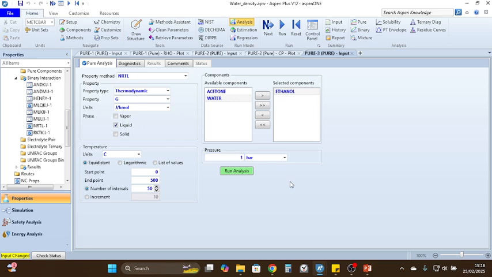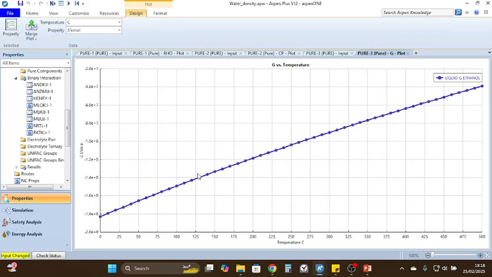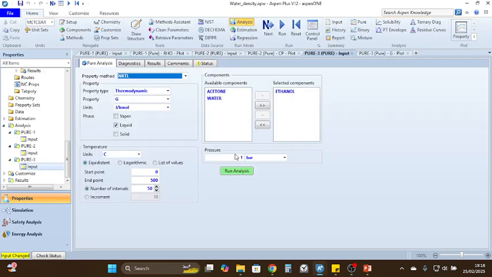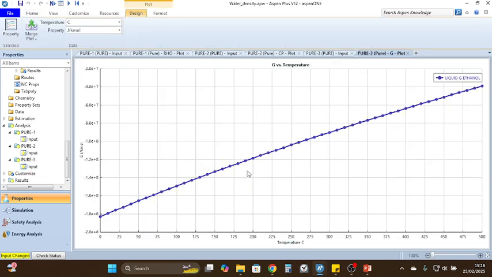So we have to specify this as 1 bar first, and then we have to run the analysis. This is for 1 bar. Next, we have to do it for 20 bar, and then we have to run the analysis.